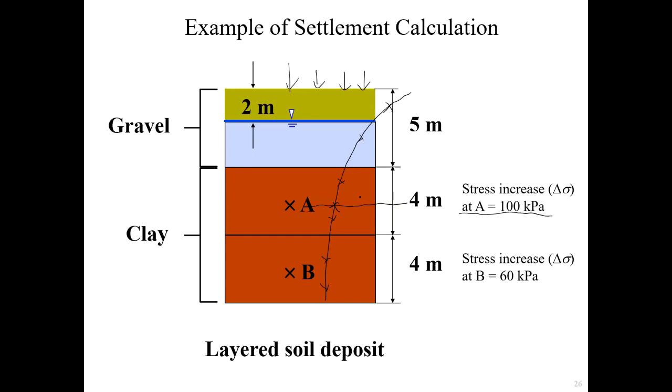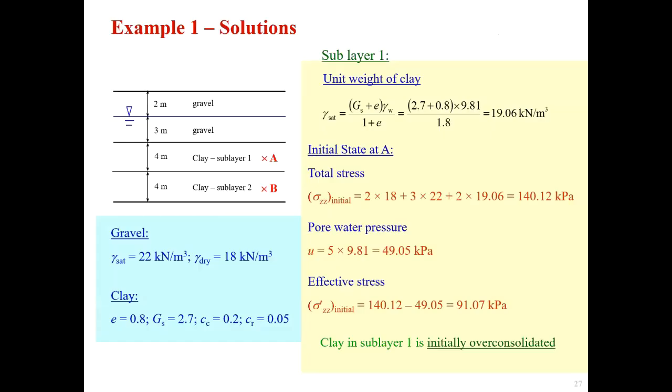If we go further, 5 plus 4 is 9, plus another 2 meters, because that's the middle of this clay layer, so at 11 meters below the ground surface, it generates stress increase of 60 kPa. So that's information already provided in the question.